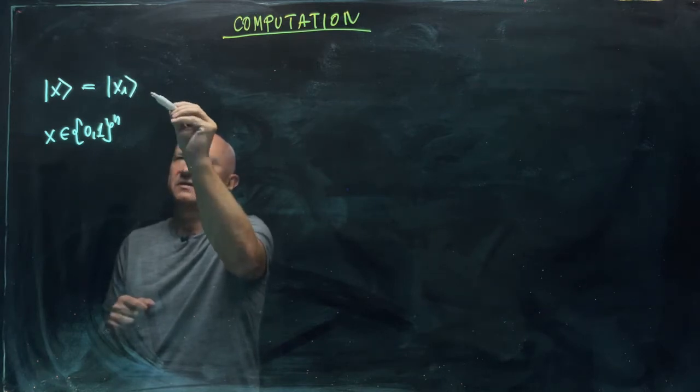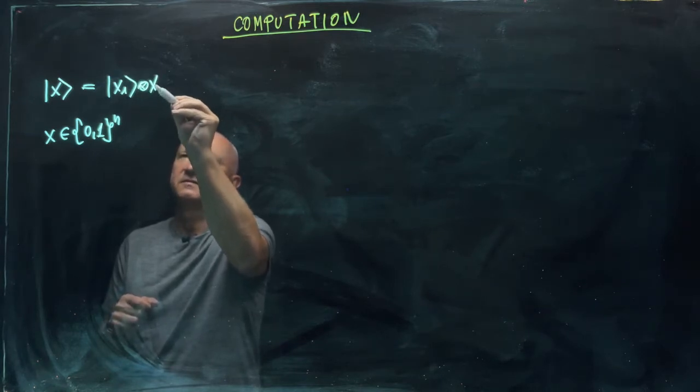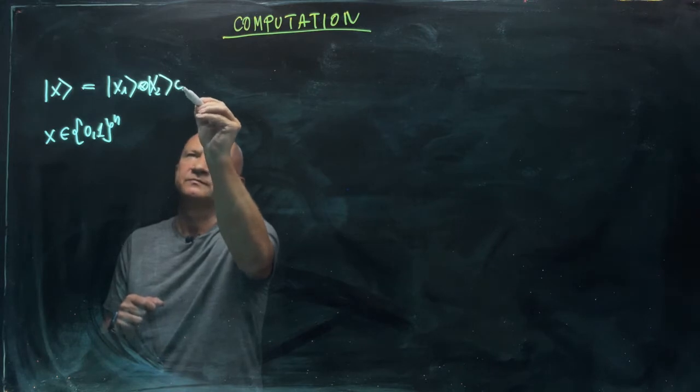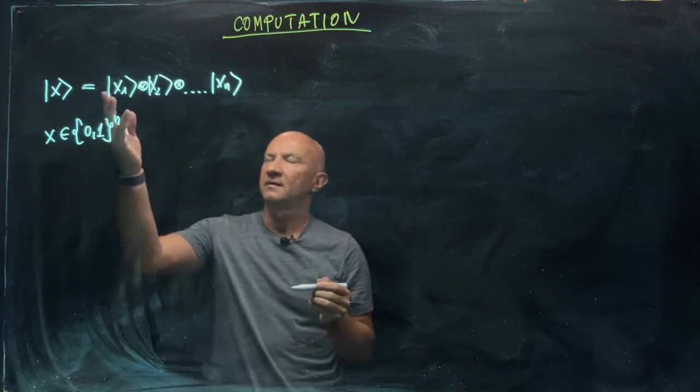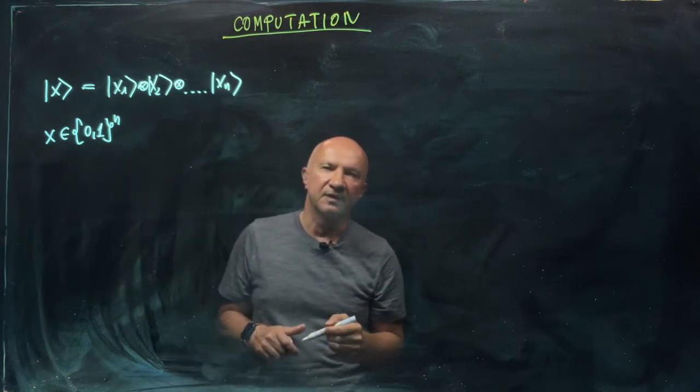Think about it as x1 tensor x2 tensor all the way to xn, where x1, x2, and so on are either zeros or ones.